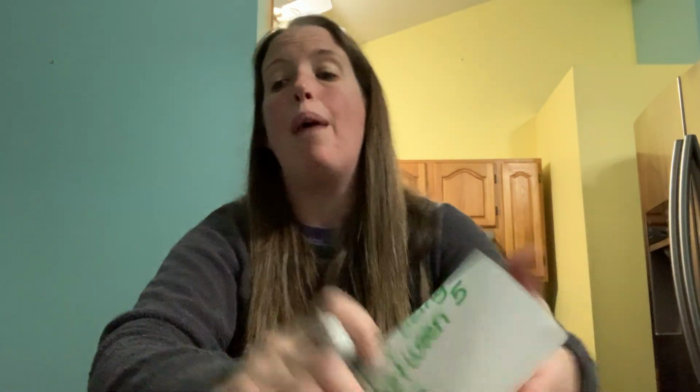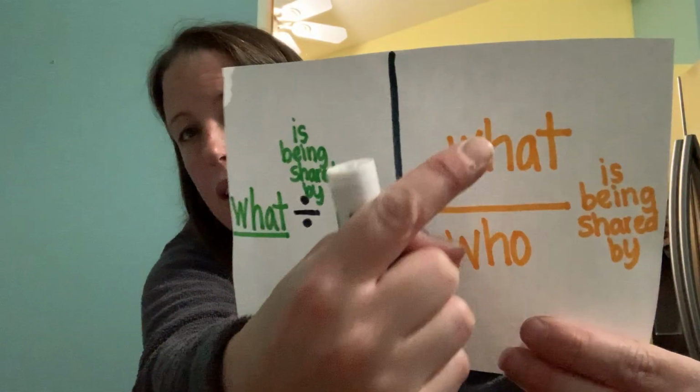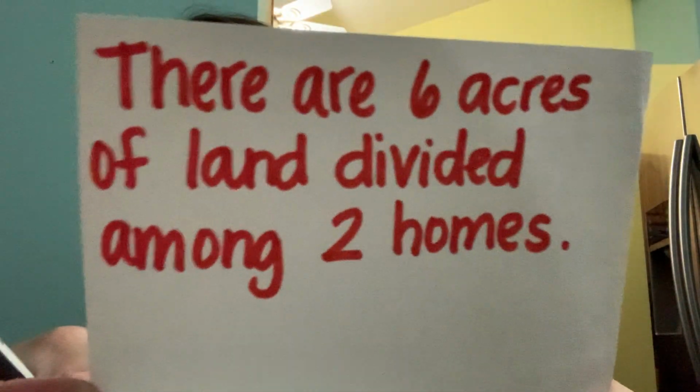All right, you're gonna try this one on your own. I would like you to model it and then write it as a division sentence, like this. What divided by who? And then this way, what is being shared by who? All right, so try this one. I'll give you about 30 seconds.